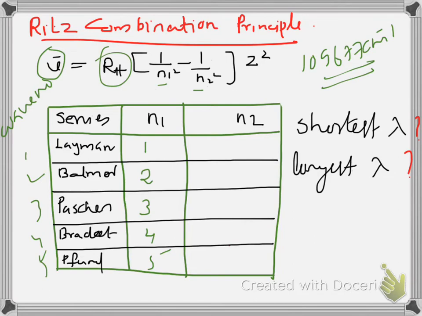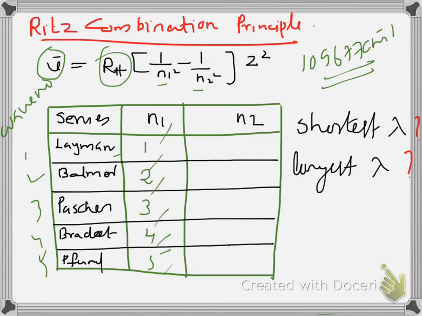So it is very clear that the n1 for a line is fixed from the name itself. Lyman, n1 equal to 1, there is no other choice. Paschen means n1 equal to 3, there is no other option for n1. Pfund means n1 should be 5, there is no chance of other options, but n2 may be changed.